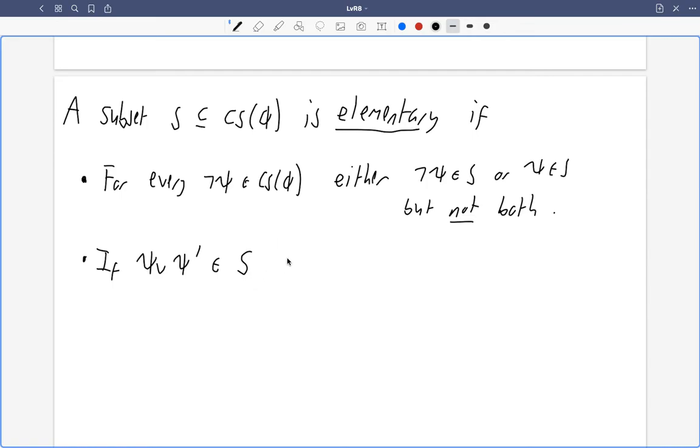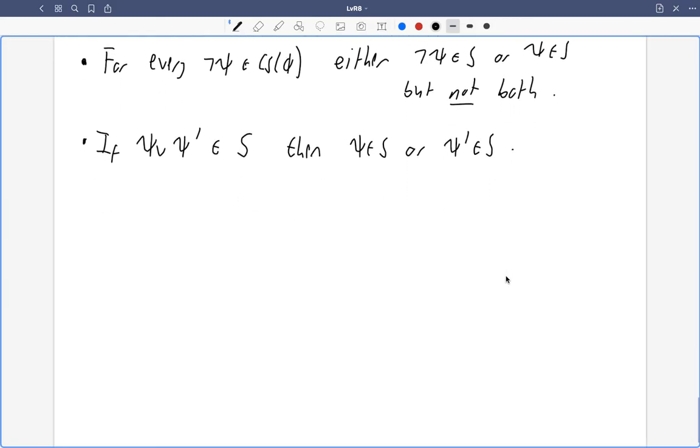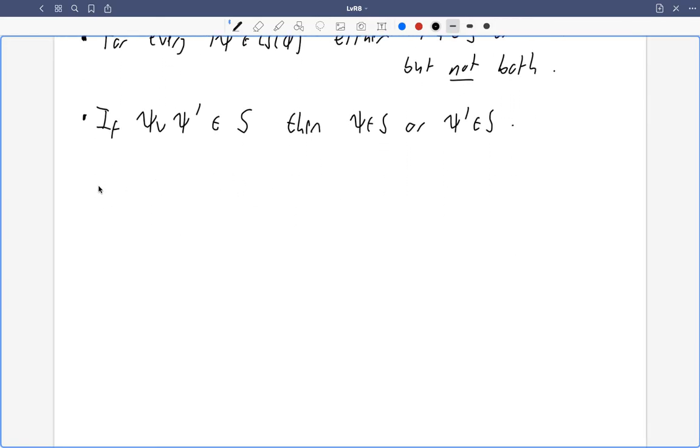So if this belongs to S, then psi belongs to S or psi prime belongs to S. In this case, it is allowed to have both. So at least one of the two formulas must belong also to the state S.